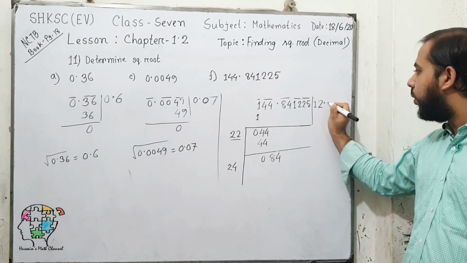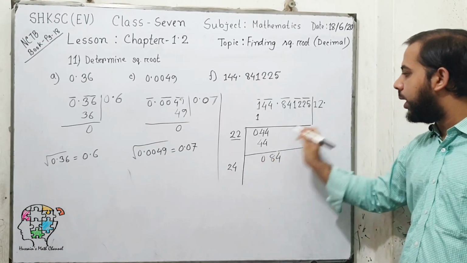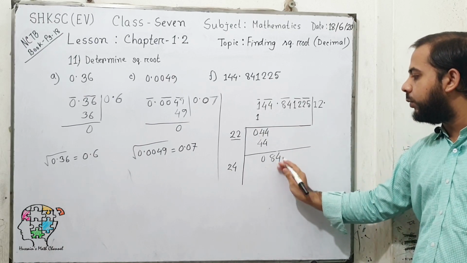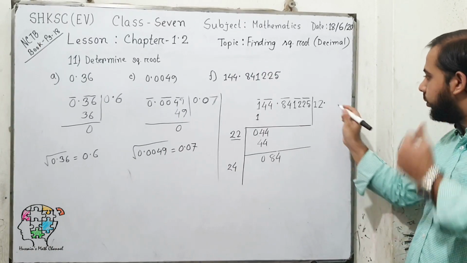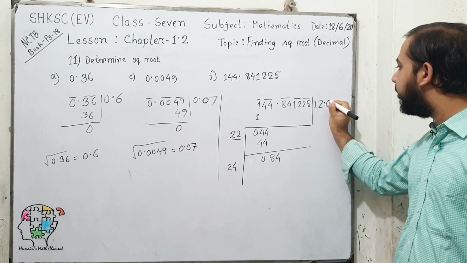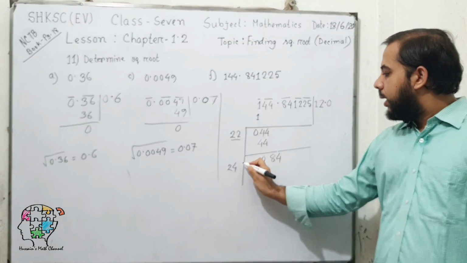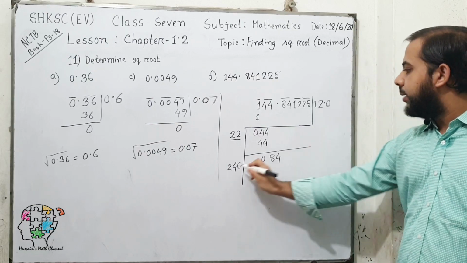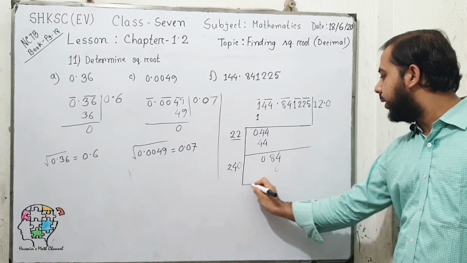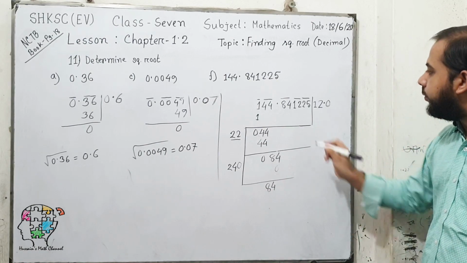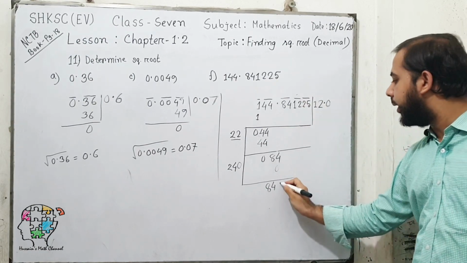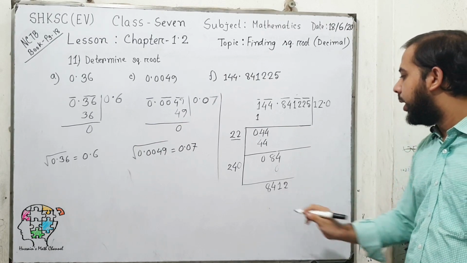So if we put here 1, here will be 1, so 241 times 1 is 241, which exceeds 84, so we cannot take 1, so we can take just 0. So 0 and 0, so 0 times 240 will be 0, so the subtraction will be 84. Now if we put down another pair, we will get this one.